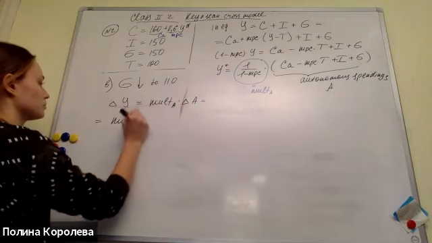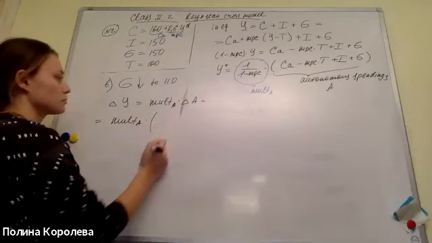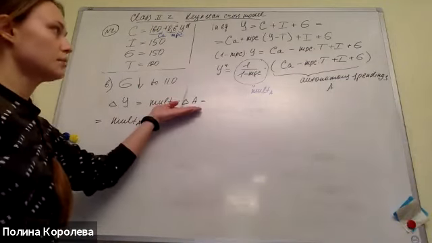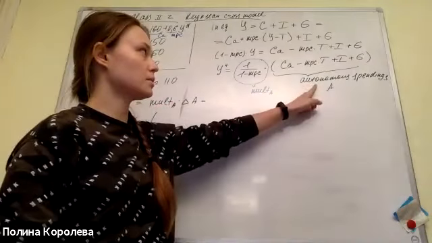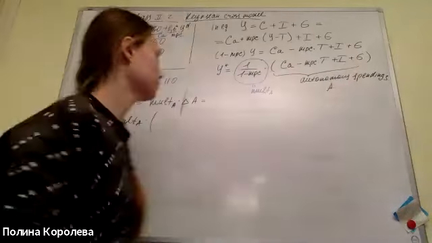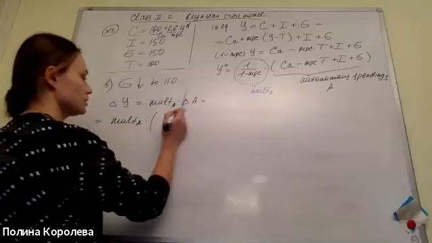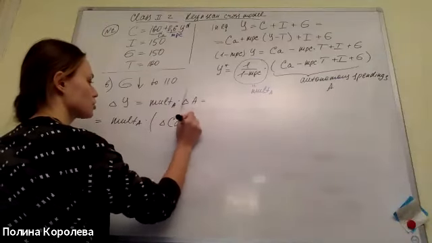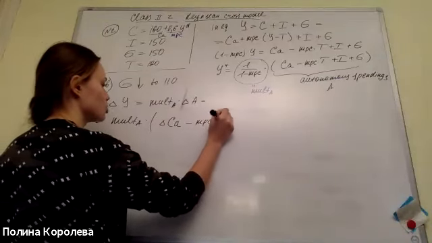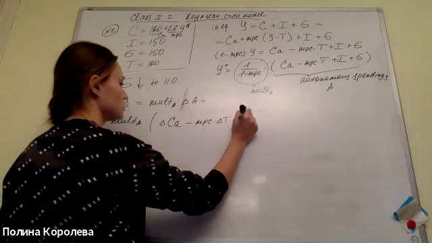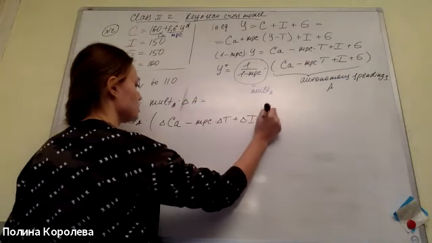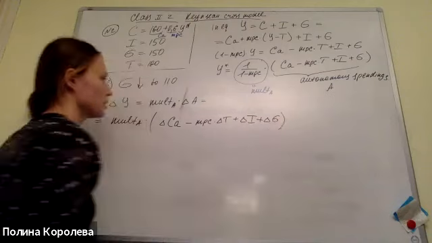Then, what can be changed in autonomous spendings? Each part, yes? Here can be the change in autonomous consumption, or the change in taxes, or the change in investments, or the change in government spendings.